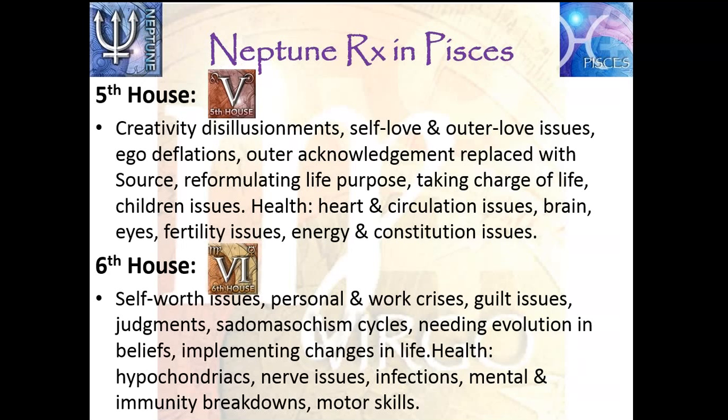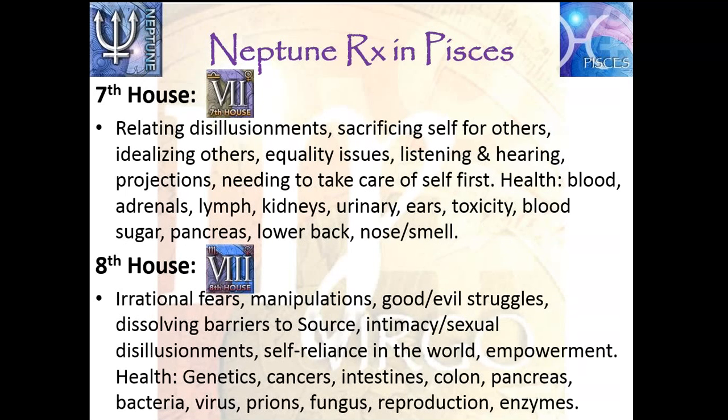All right. And then you can also apply the Virgo polarity of really making the effort. So how do I work with healing physically? How do I work with healing emotionally? How do I work with it mentally? And how do I work with it spiritually?